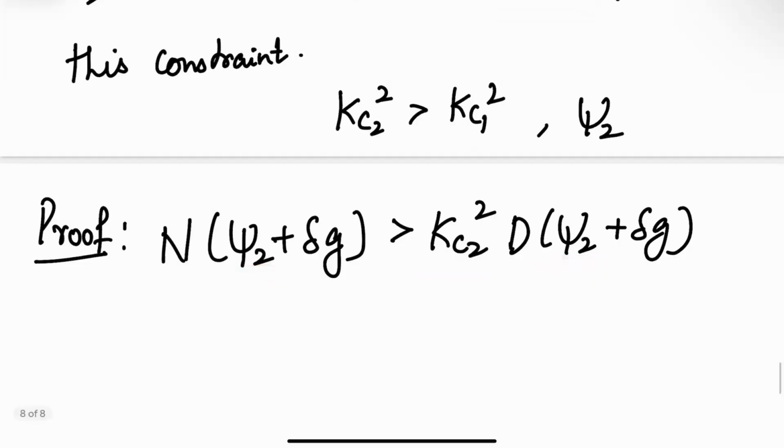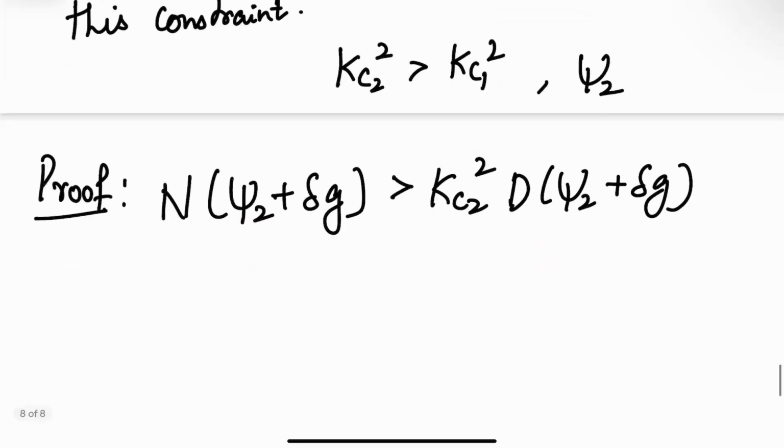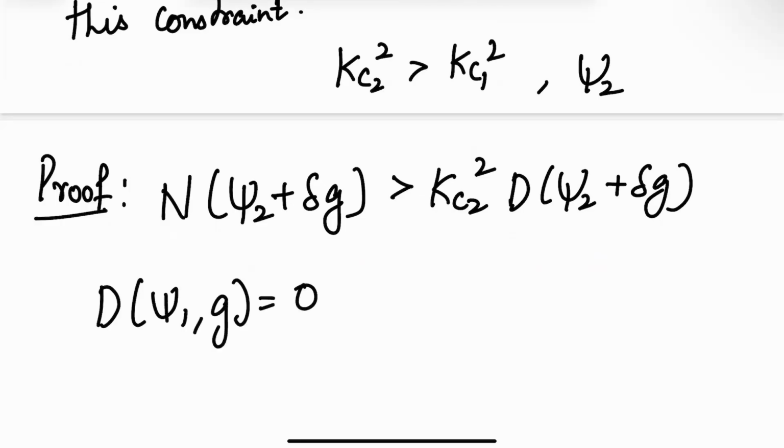So if you deviate from the minimum, it's not going to be minimum anymore, it's going to be greater than that. And we also know that d of psi 1 comma g is 0, since the space of admissible functions is S1, and d of psi 1 comma any function in this admissible space is 0 because they're all orthogonal to psi 1.